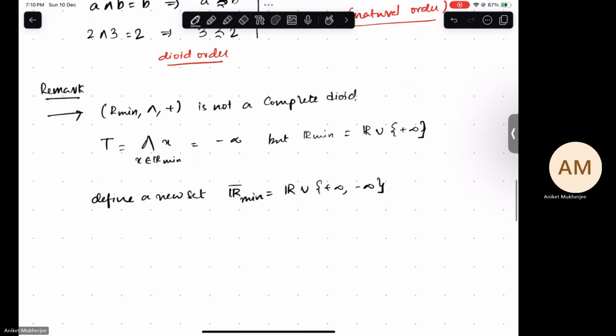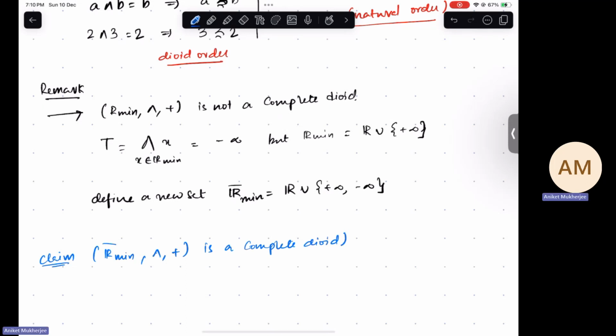So now the claim is R min comma min comma plus is a complete dioid, right? Complete commutative dioid.